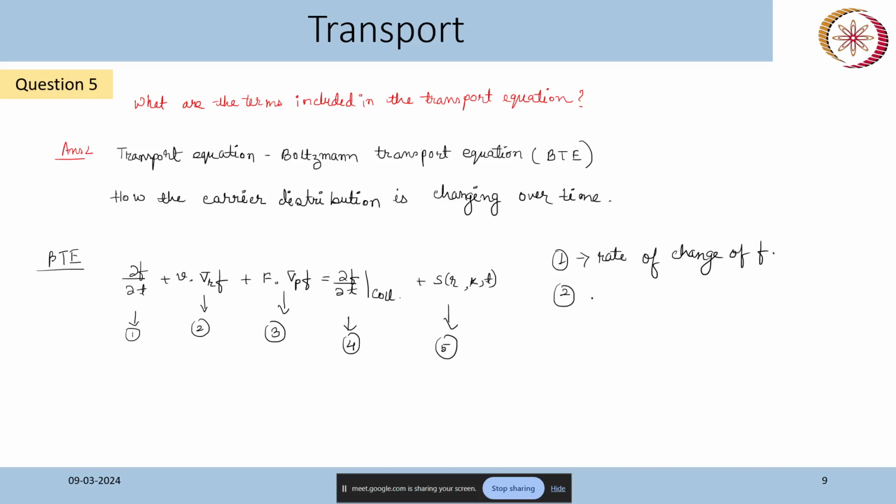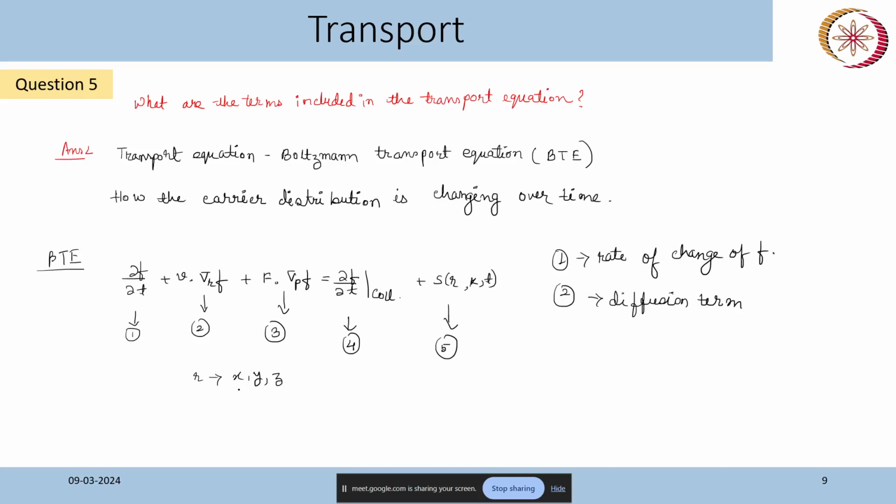The second term is the diffusion term. Now how is it a diffusion term? So del R F, R is the position, it has three components x, y, z. We are writing in 3D, so del R of F means how the distribution function varies with space. Okay.